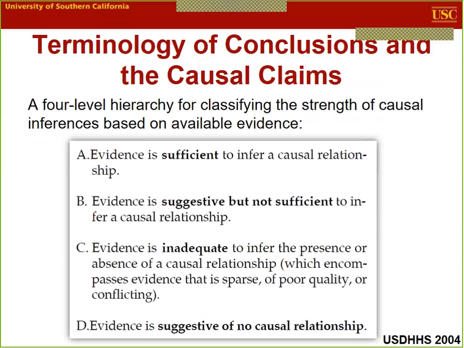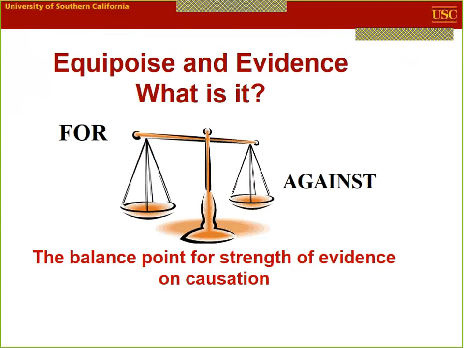So four levels of strength of evidence. So clearly sufficient, suggestive but not sufficient, and perhaps that conclusion would be for smoking or some other exposure sufficient to warrant precautionary action. But it would be an intelligible and understandable statement about the strength of evidence.